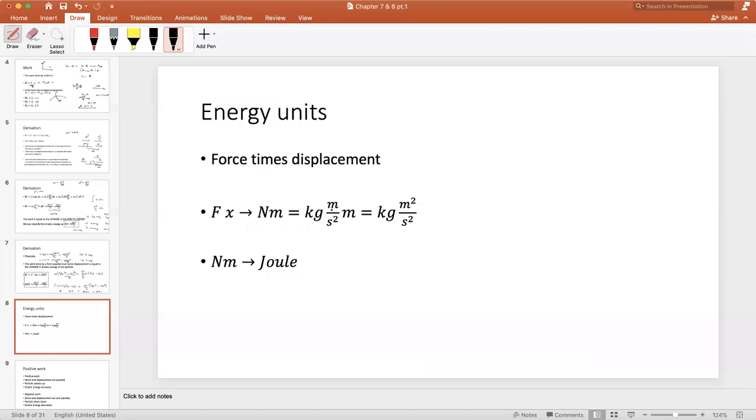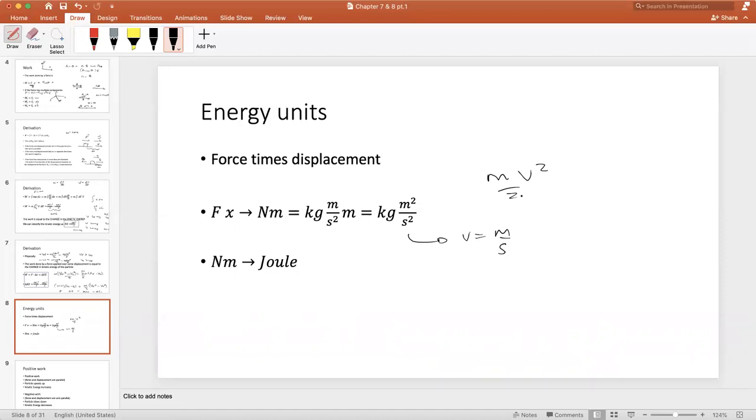Now, newtons are kilogram meters over second squared, meters are meters. If we multiply that through, we can recognize that this, where v is meters per second, is mass times velocity squared. There's a constant 2 thrown in, but work has units of Newton meters.